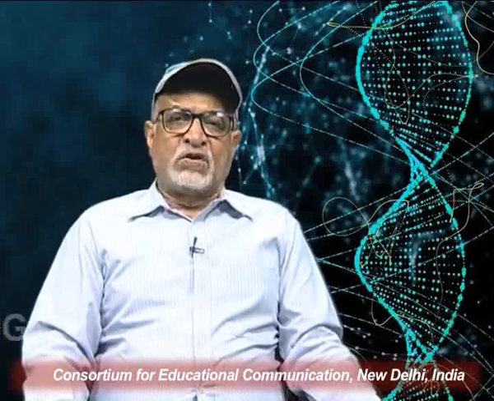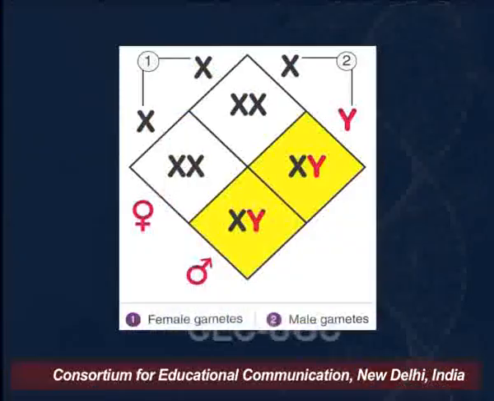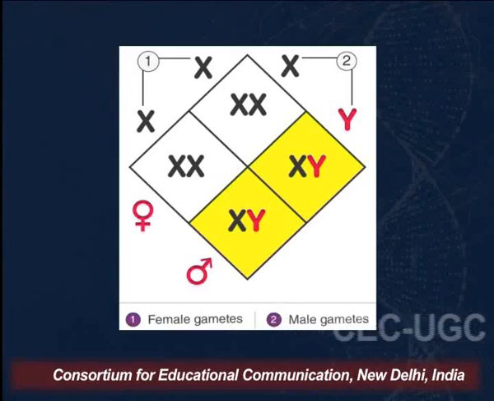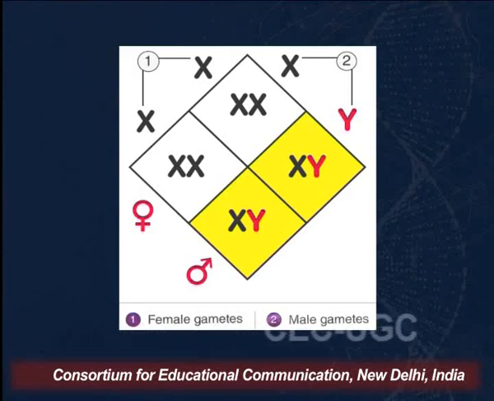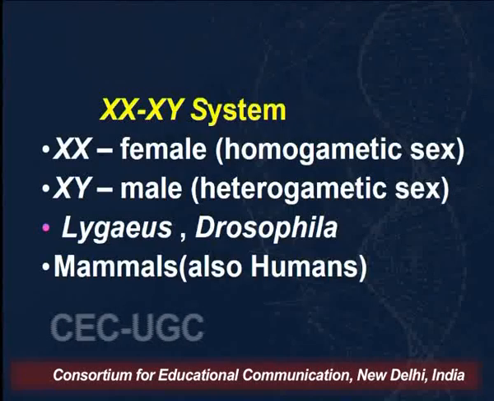Because if we have a normal case of XX-XY, as you can see on your screens, then you have the simple XX, which is the female gametes, and XY, which are the male gametes. And in this case, the progeny, the males and the females, would be got in a proportion of 1:1.